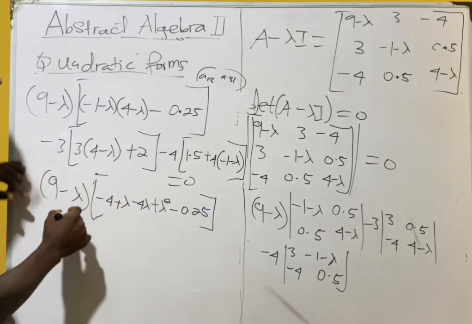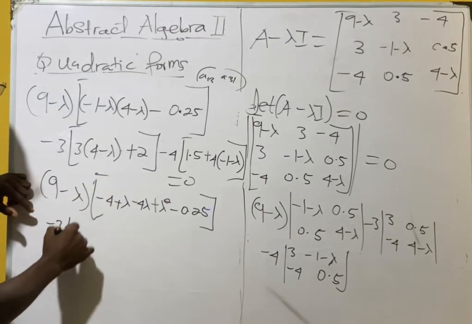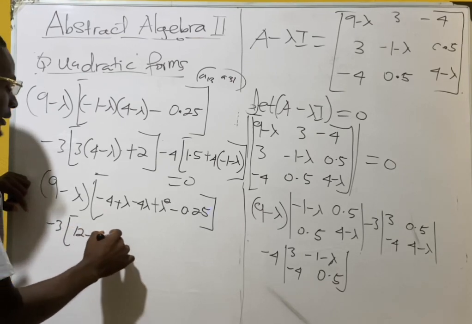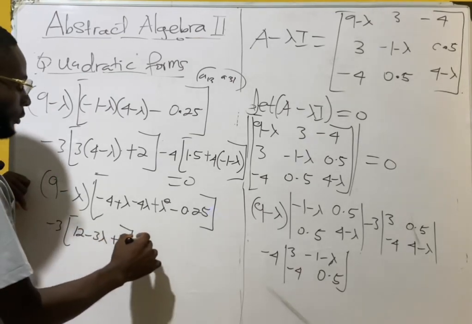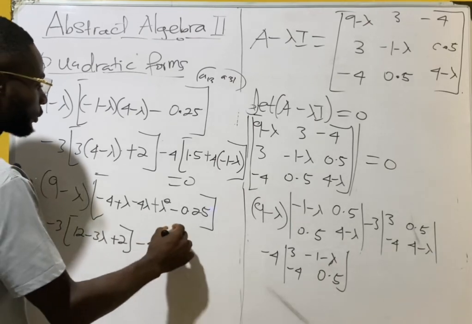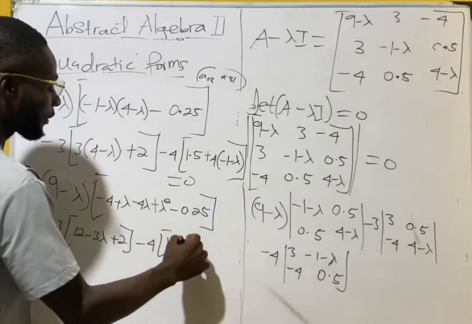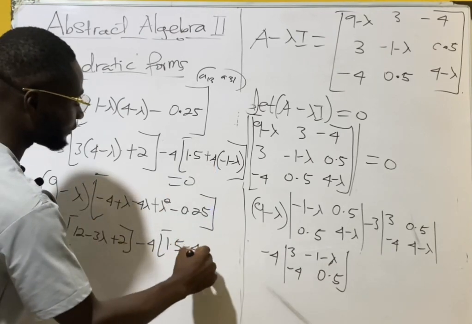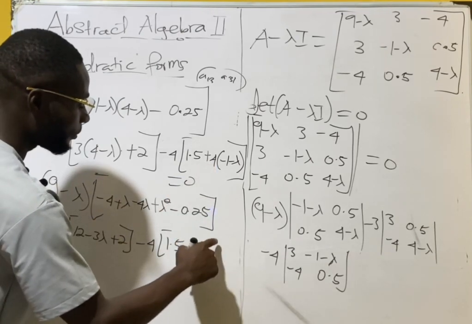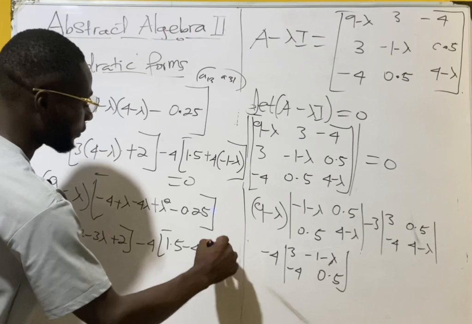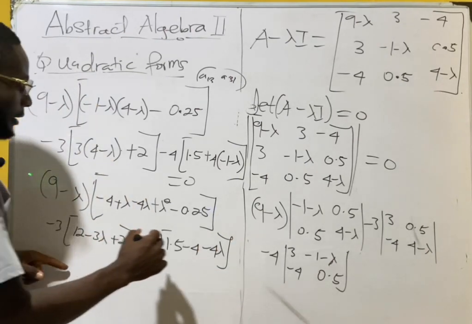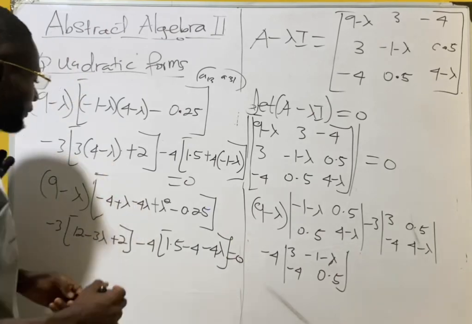Then minus 3 into 12 minus 3 lambda plus 2 minus 4 into 1.5 plus, so that will be minus 4 minus 4 lambda, right? And that is equal to what? 0.